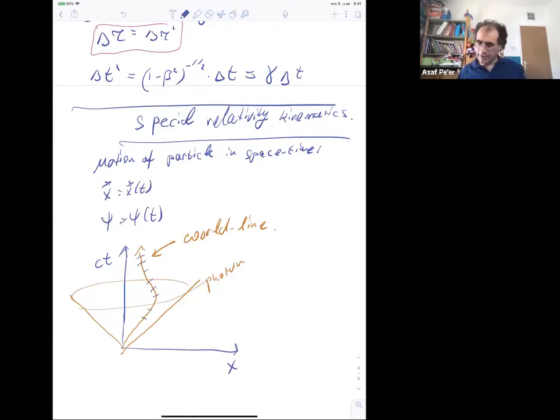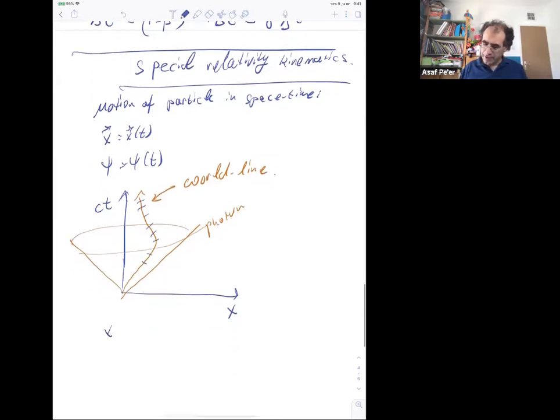So to describe the motion, I have to specify x mu, where mu goes 0, 1, 2, 3, as a function of some parameter sigma along the world line. So when sigma equals 1, I'm here. When sigma equals 2, I'm here, 3, etc. Now I wrote sigma just to emphasize that this is a general parameter along the world line.